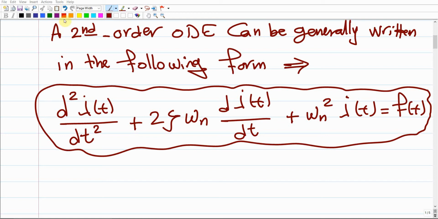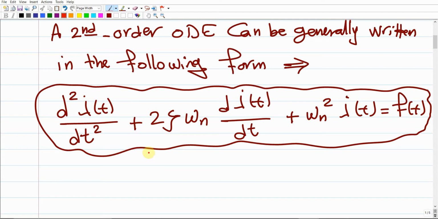So as I mentioned, any second order ODE can be written in this general form, whether it is for a current in an electrical circuit, a mechanical system, or a hydraulic system. Generally we can write this second order ODE in a general form, typically as we did for a first order ODE, where we introduced tau, a time constant.